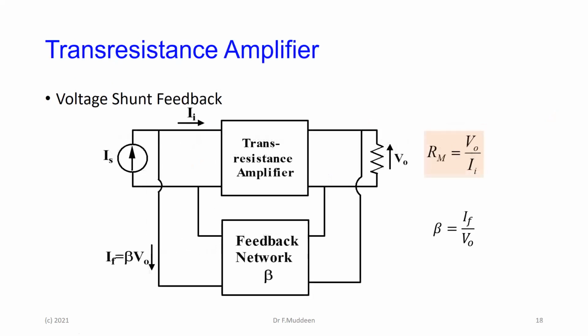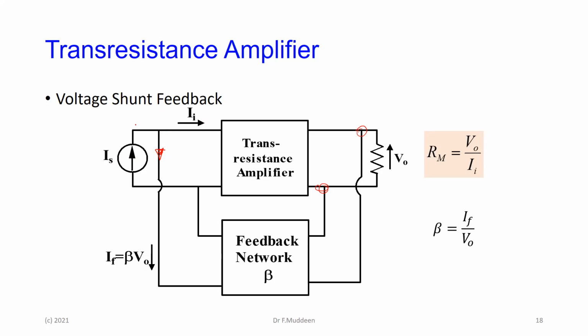The transresistance, we are sensing voltage, meaning that we have to measure voltage on the output. But the transresistance has to feed back current. So the current has to go in parallel with the source current.